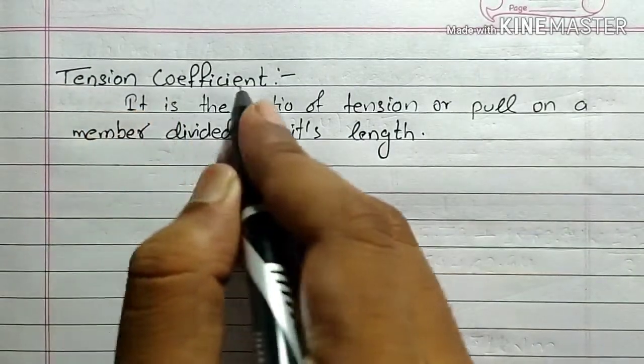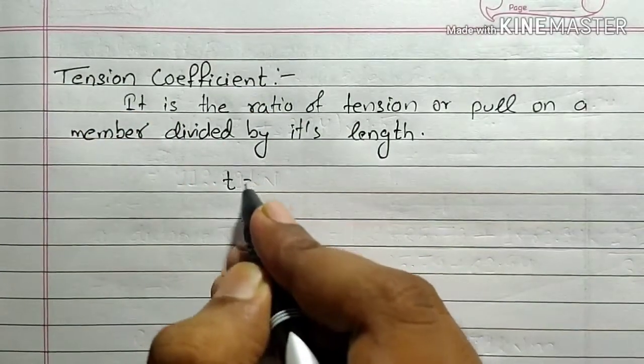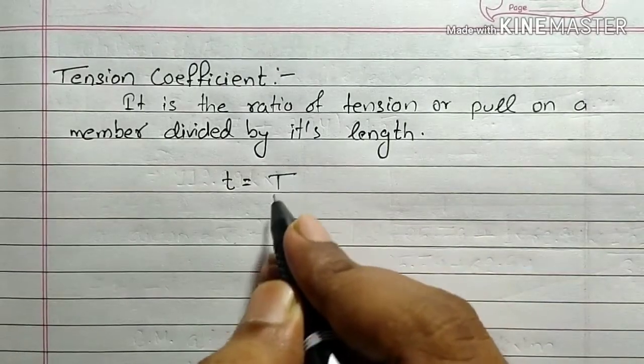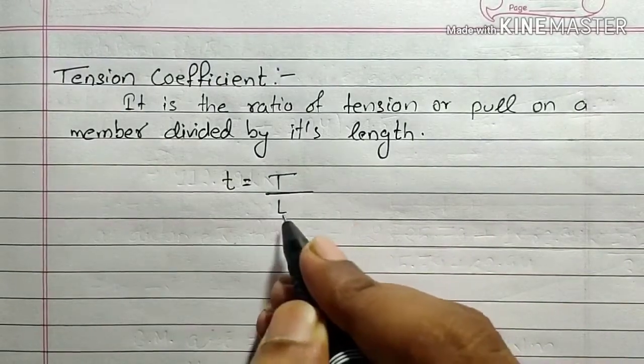If we denote the tension coefficient by small t, then we will have small t equals the tension on the member, or force on the member, divided by its span.